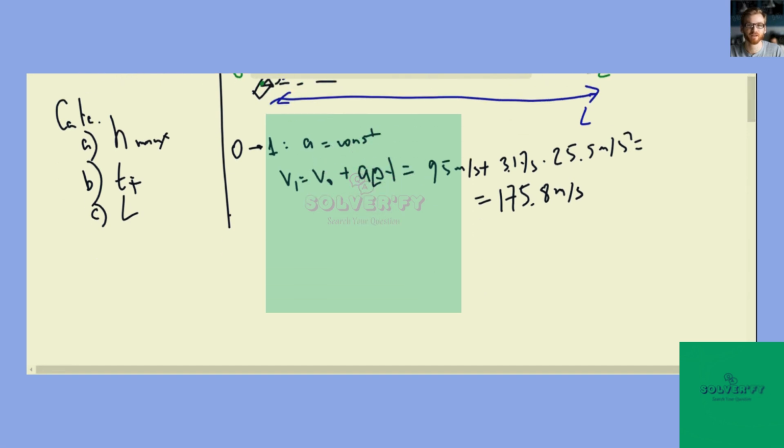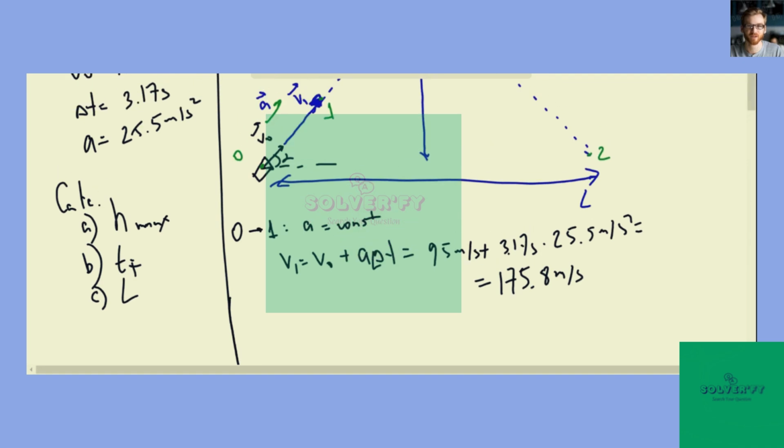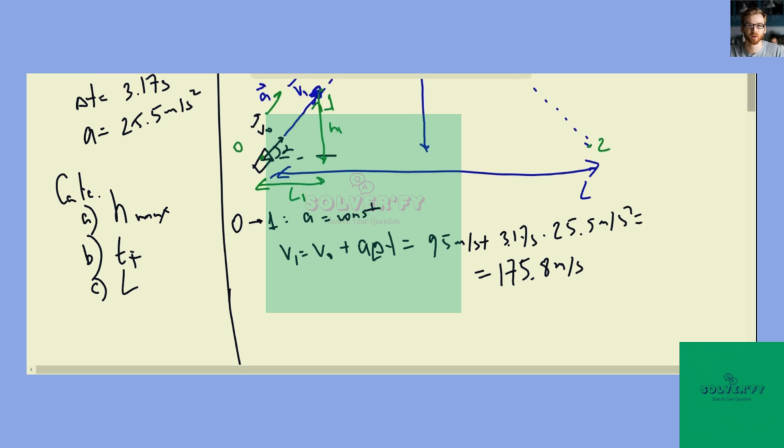Let's leave all the decimals for now, and we will account for the number of decimals later. Now let's calculate the height at position 1, so h1 and L1, because we'll need these positions later.